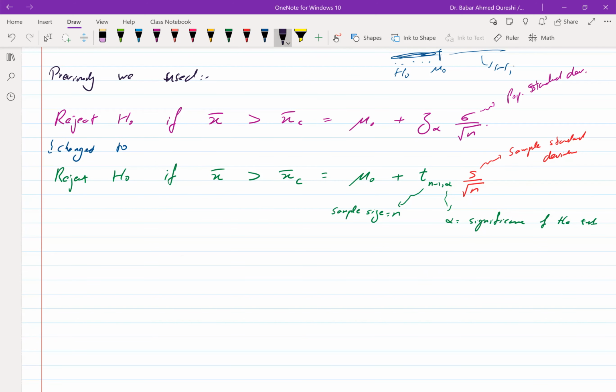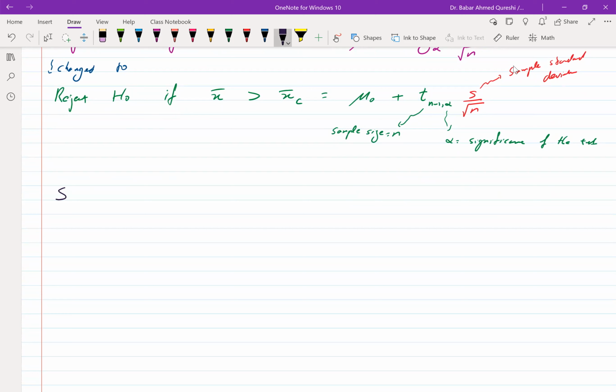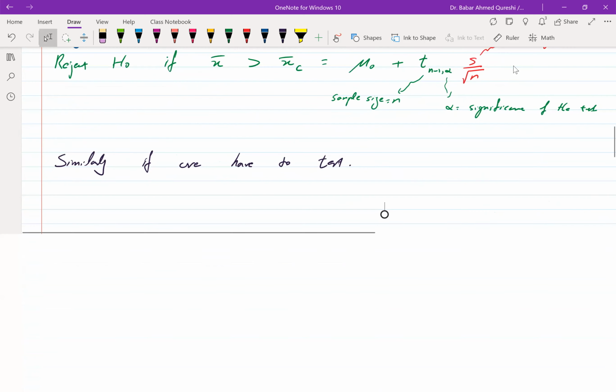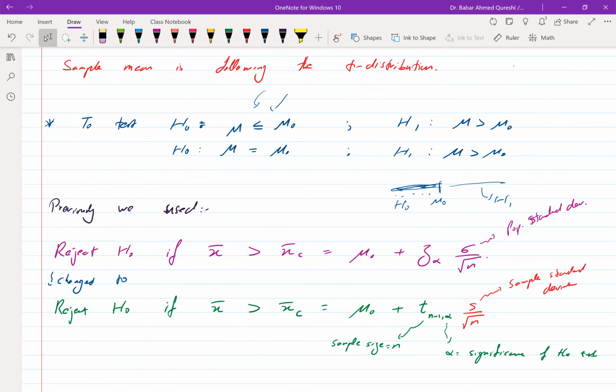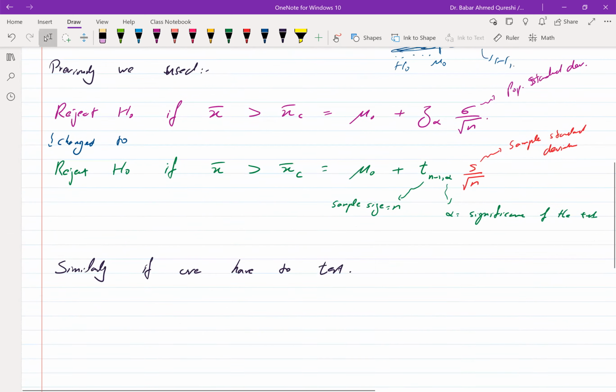Similarly, if we have to test on the other side, so over here, your hypothesis was that mu is equal or less than mu naught.